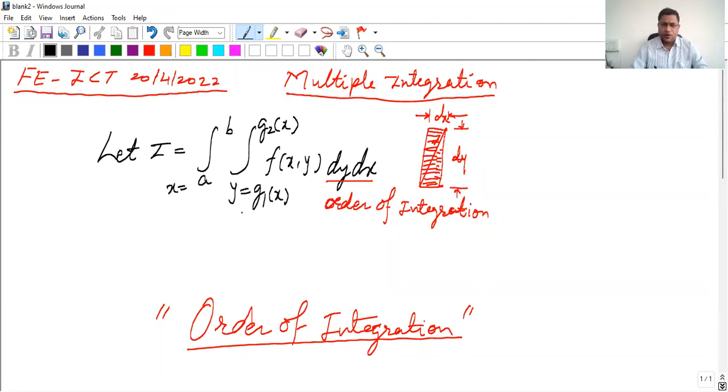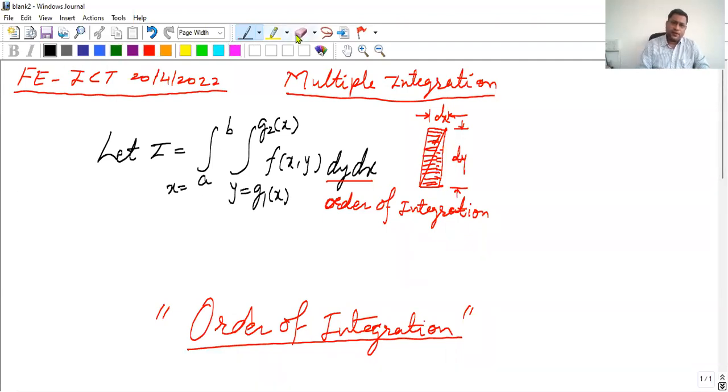We can see here y is expressed in terms of x. When y is expressed in terms of x, then y will be integrated first, and the constant limits are with respect to the variable x.